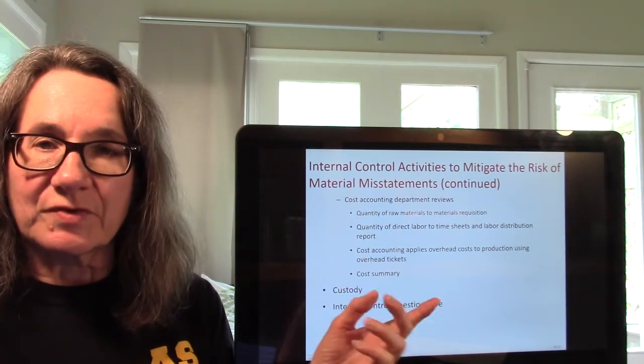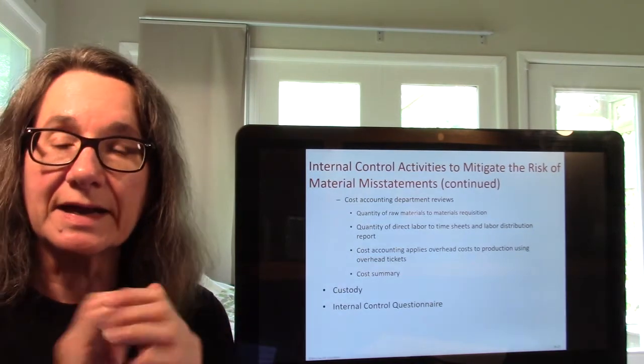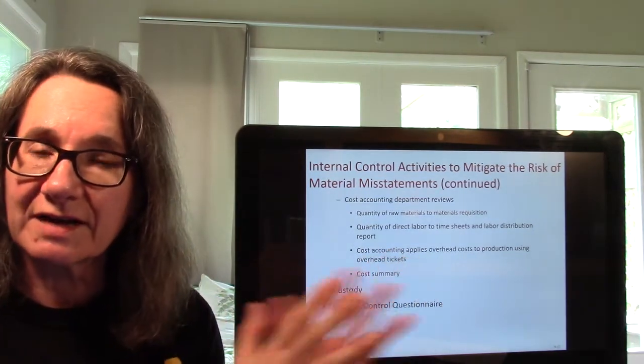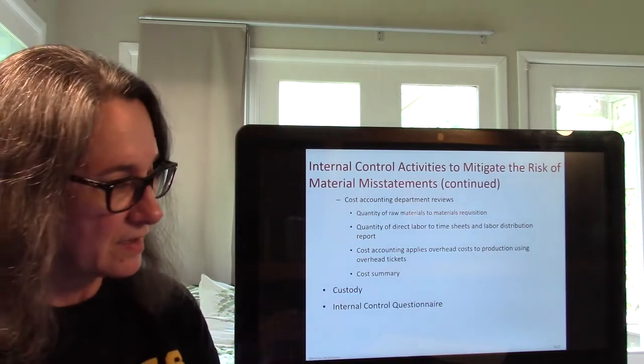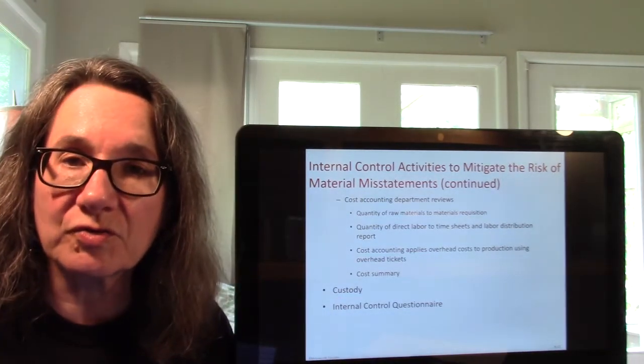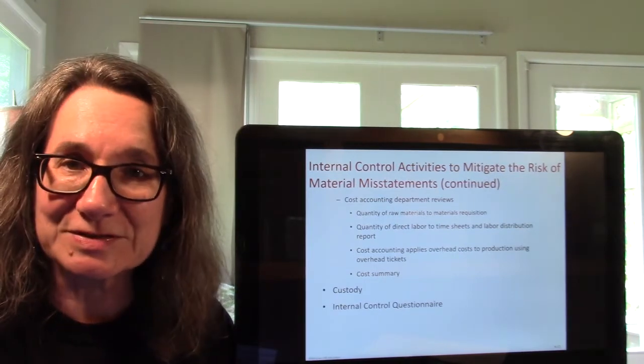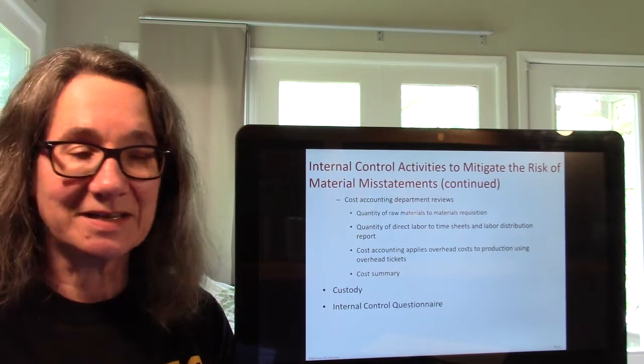There should be controls for custody, right? The person who does the accounting for any portion of the inventory should not have custody of the inventory. You, as an auditor, can use an internal control questionnaire. The appendix of each chapter has some internal control questionnaires that will help you understand the controls in place.